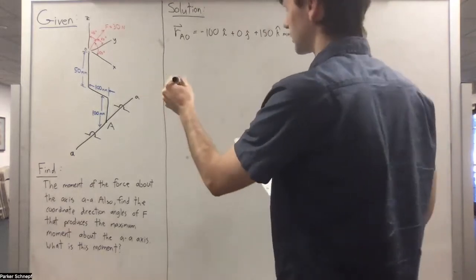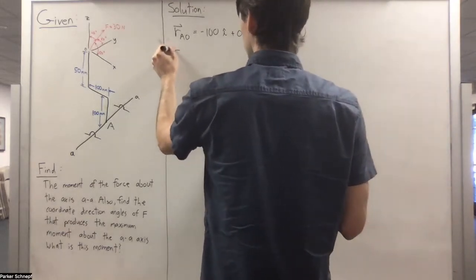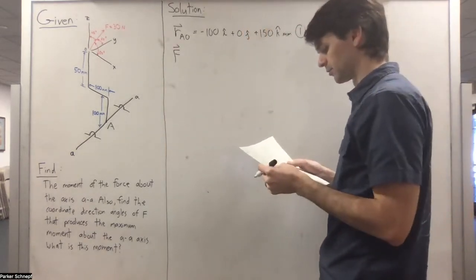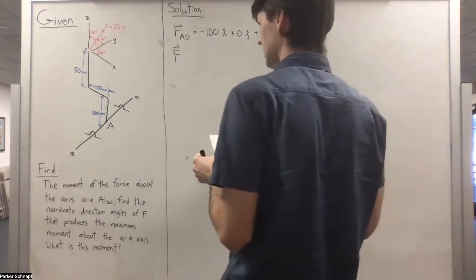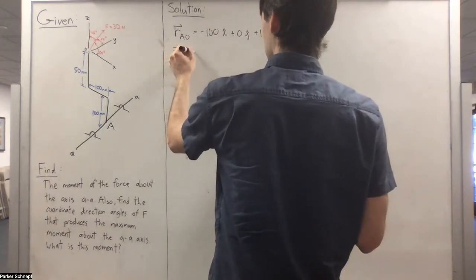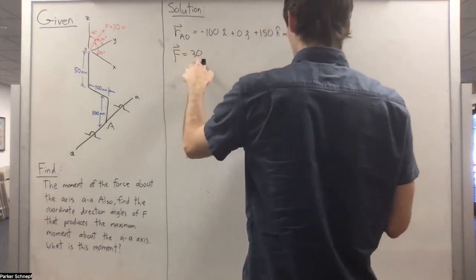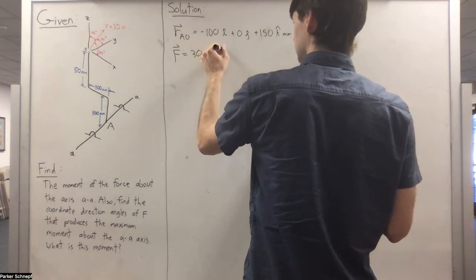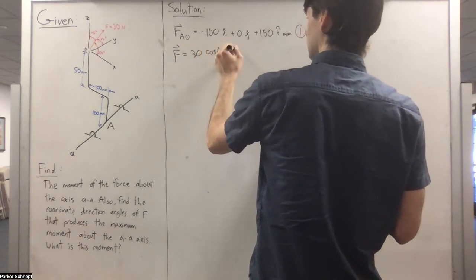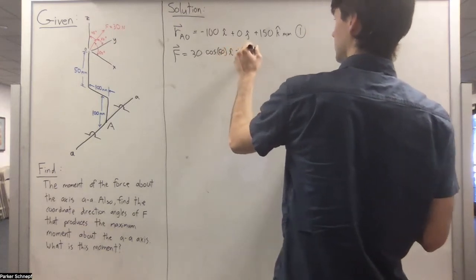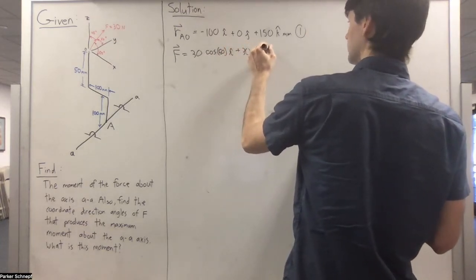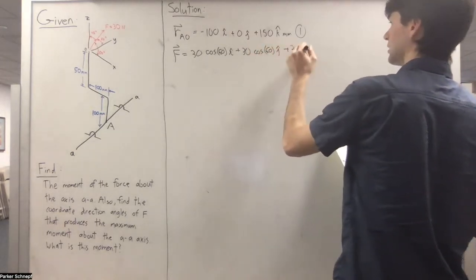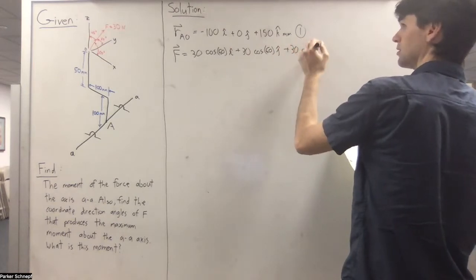Now we need to find the force vector. We find that just like we would solve any vector. We've done this several times now with coordinate direction angles. So the force vector is going to be the magnitude of the force times the cosine of alpha, which is 60, for the x component, plus magnitude times cosine of beta, which is also 60, plus the magnitude times the cosine of gamma, which is 45.